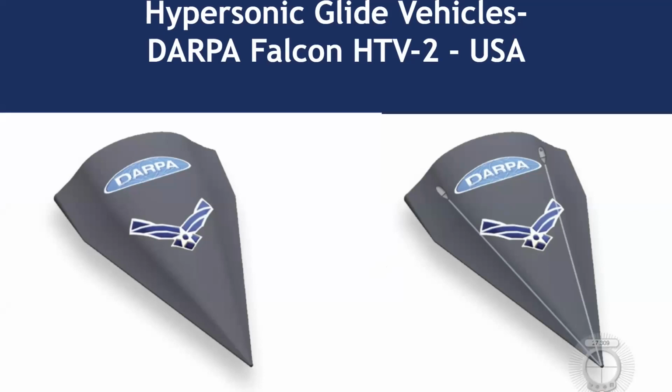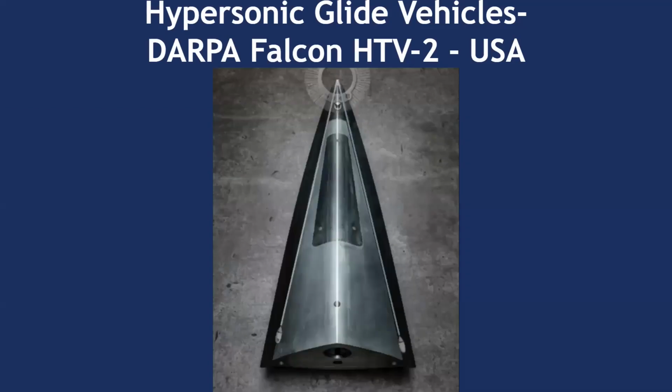It's called the Falcon HTV-2. This is actually the system that has been scrapped. They've stopped testing on it, and the third version of this, the HTV-3, to my knowledge, has also been delayed. So we apparently are just not up to speed.